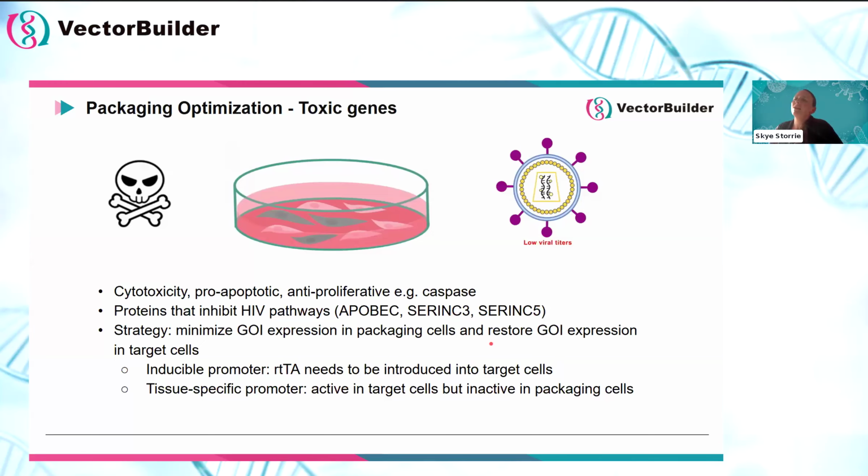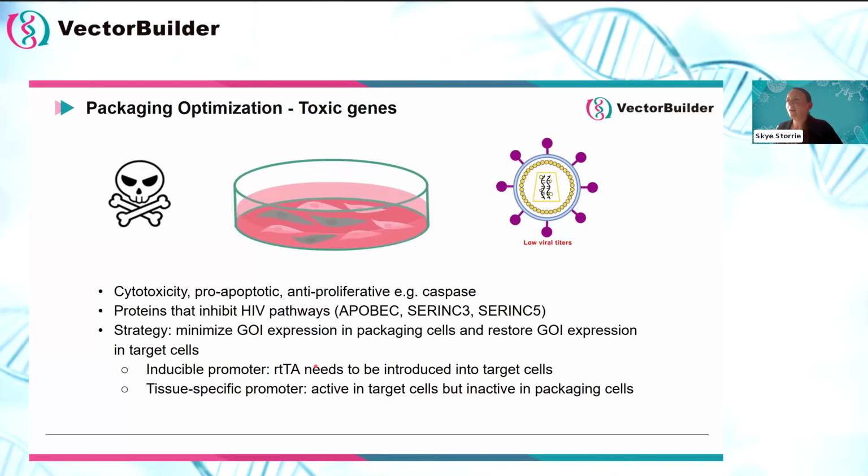And the strategy we recommend to overcome this is to minimize expression of your gene of interest in packaging cells, and then restore expression once it's in your target cells. And like we previously talked about, we could use an inducible promoter to do this, so something like the tetracycline system. And we just need to make sure that our transcriptional activator is present in our target cells.